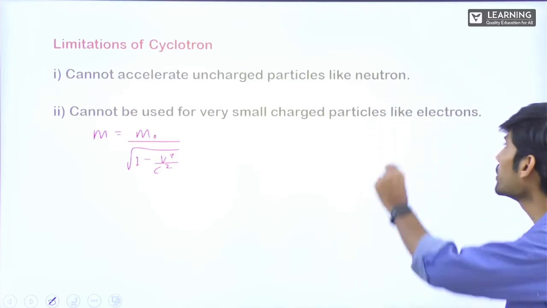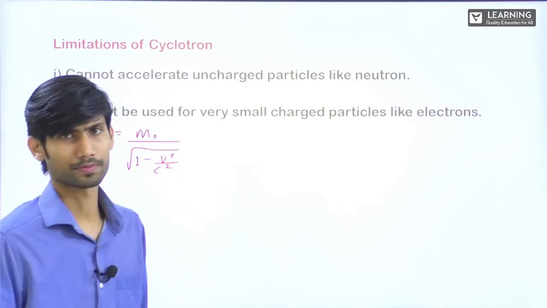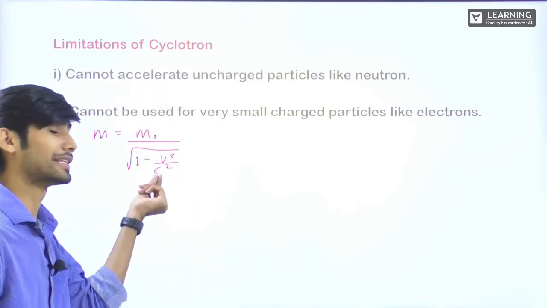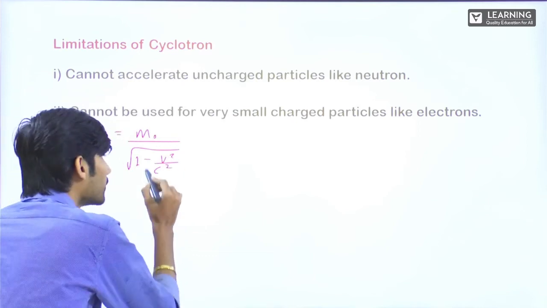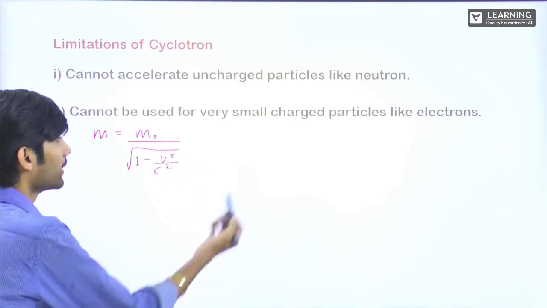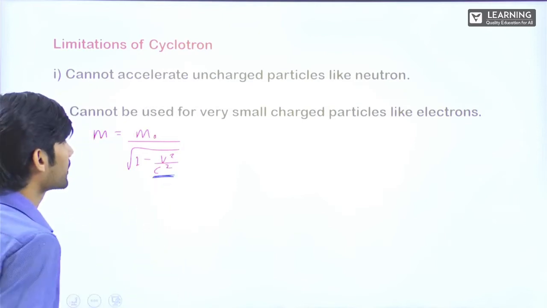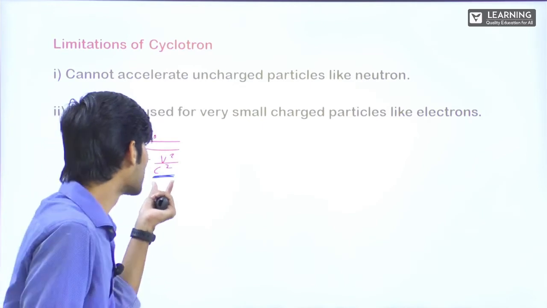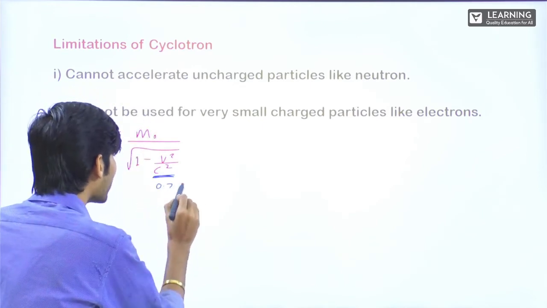But once we are talking about very small electrons, very small charge, the speed becomes comparable to the speed of light, because of which this particular term will get some value. Let's say this term becomes 0.7.